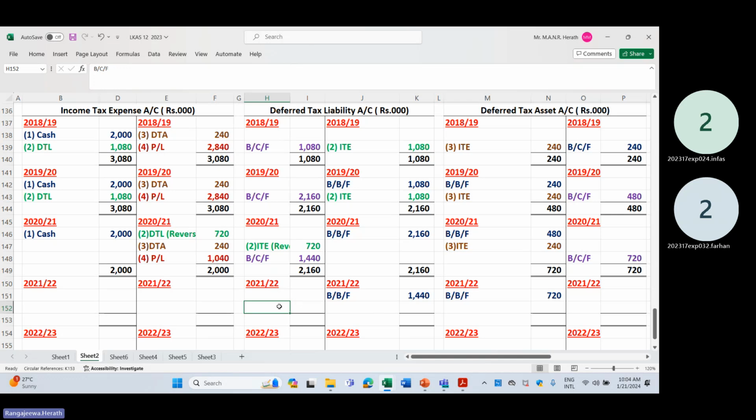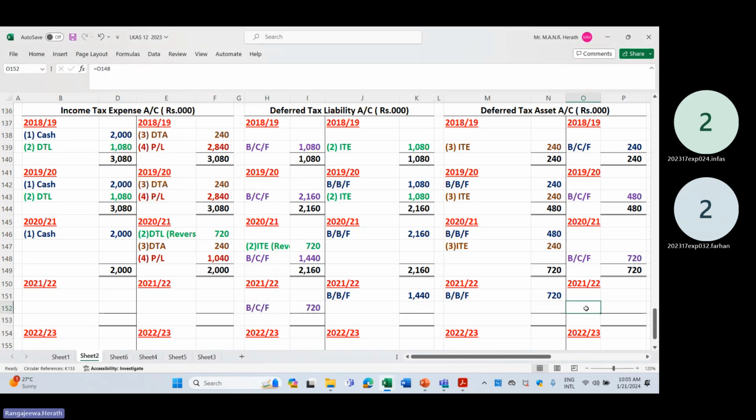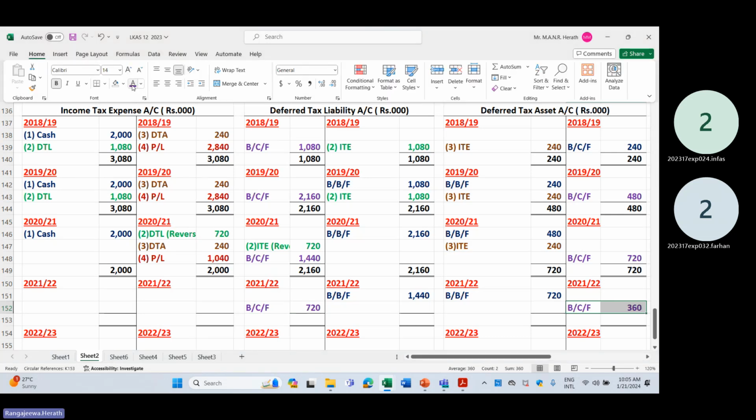Now, fourth year, deferred tax liability carried forward balance 720. Deferred tax asset carried forward balance, that means I got the balances, 360.